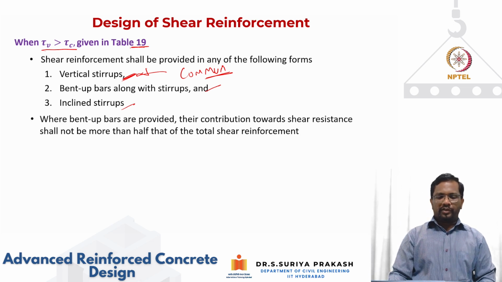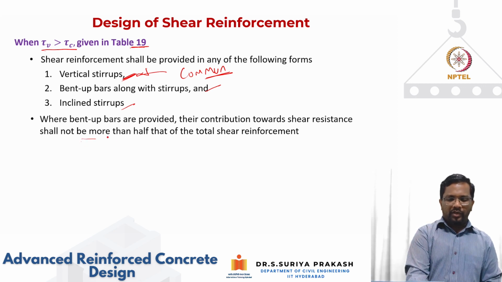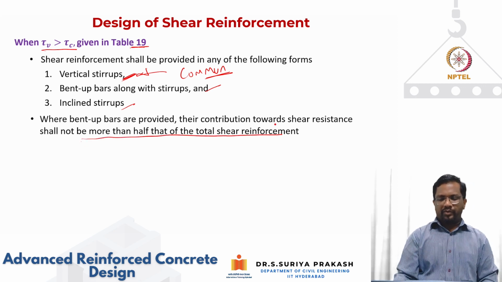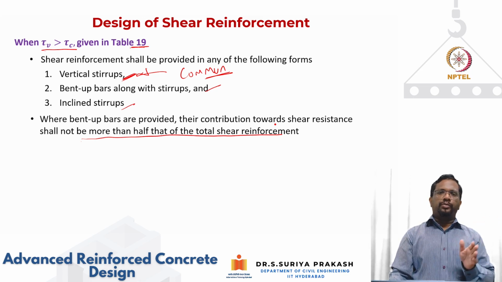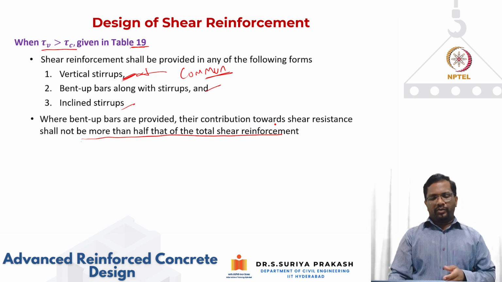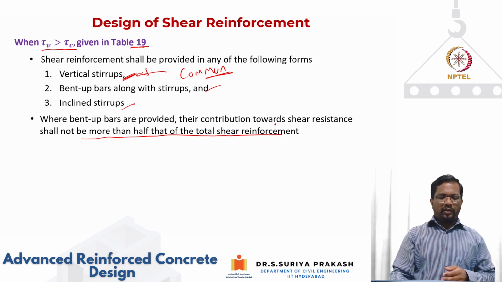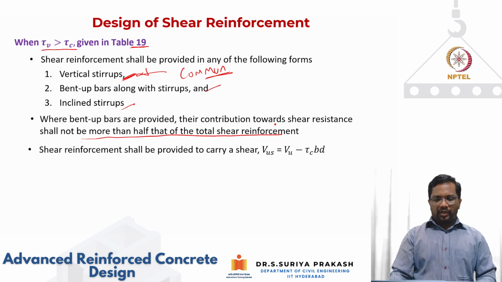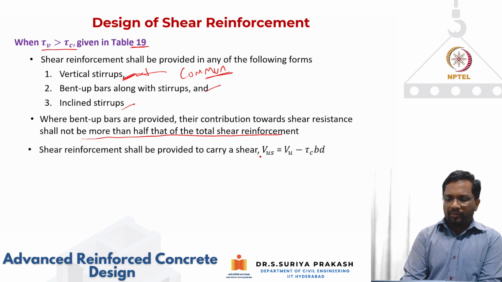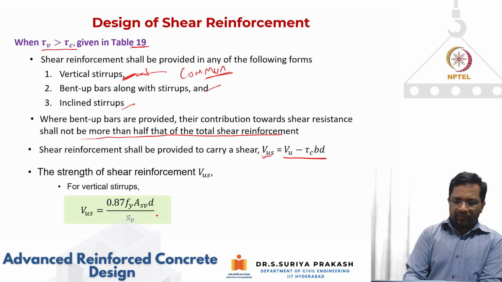So when bent-up bars are provided, their contribution towards shear resistance cannot be more than half of what you get from your total shear reinforcement. So again, the bent-up bar contribution is not going to be very efficient. So that is the reason the code is limiting that to not more than half of your contribution from your total reinforcement. And now, what should the stirrup contribution be? It should be basically VU minus tau c times bd. And VUS, we have already derived that.